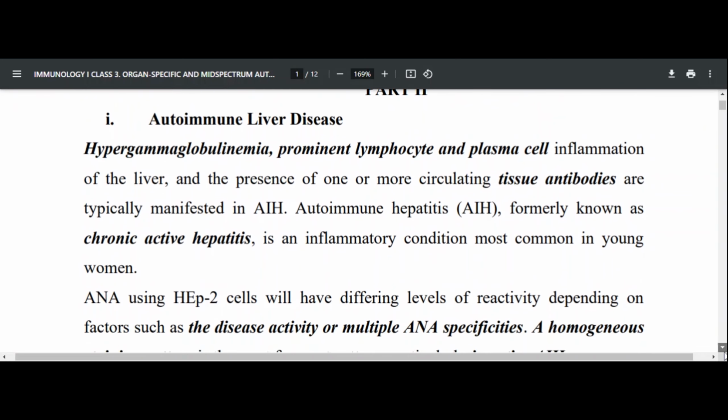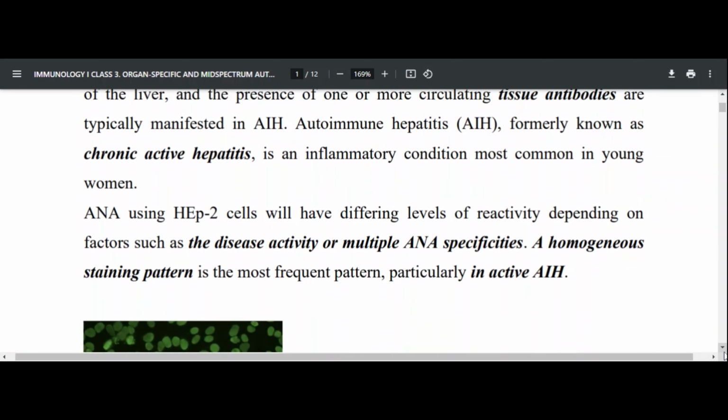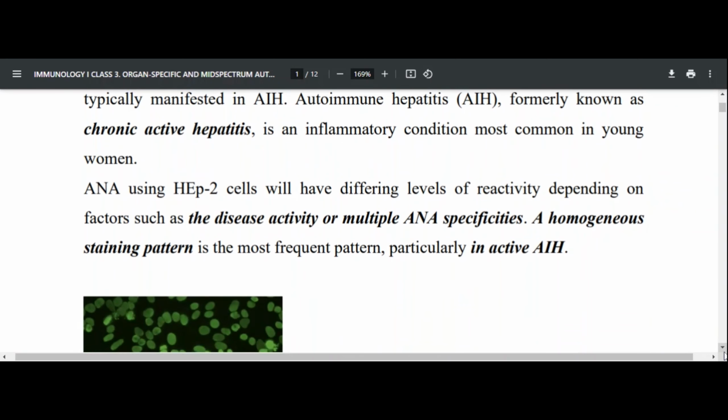Autoimmune hepatitis is also known as chronic active hepatitis. It is an inflammatory condition, most common in young women, and antinuclear antibodies using human epithelial cells will have different levels of reactivity depending on factors such as the disease activity or multiple antinuclear antibody specificities.